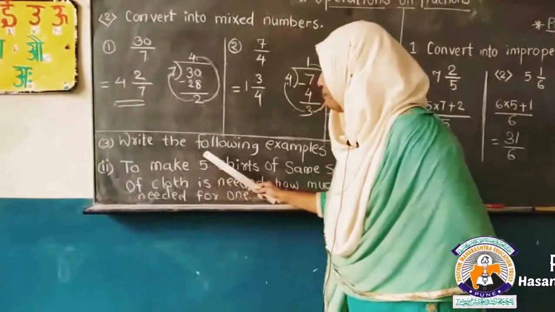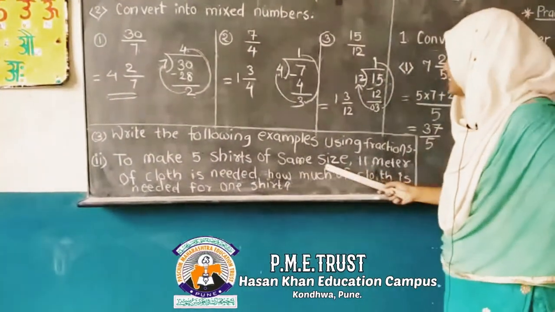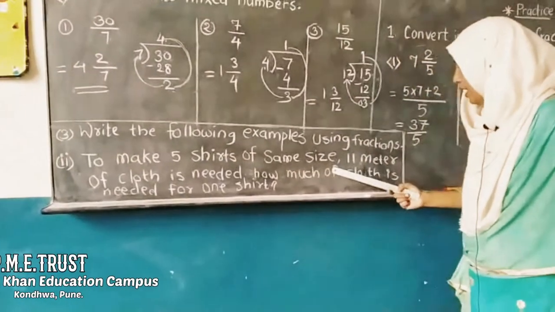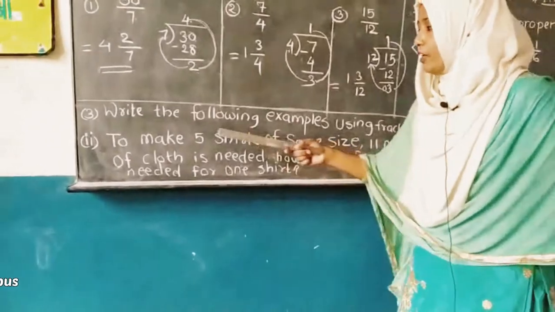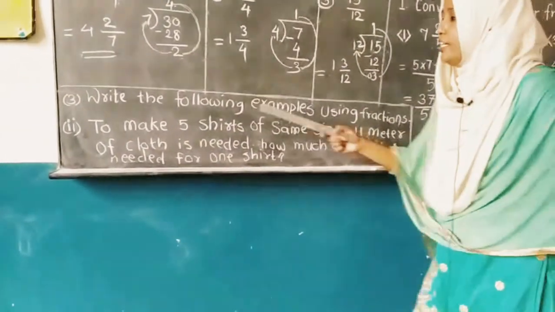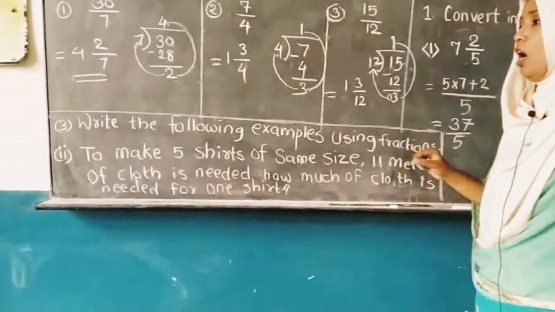To make 5 shirts of a same size, 11 meters of a cloth is needed. How much of cloth is needed for one shirt? One shirt, how much required?